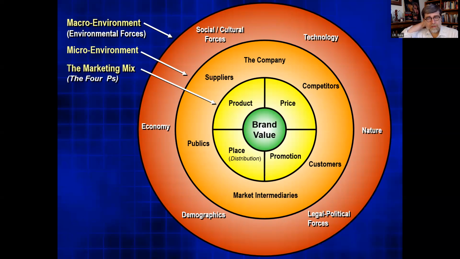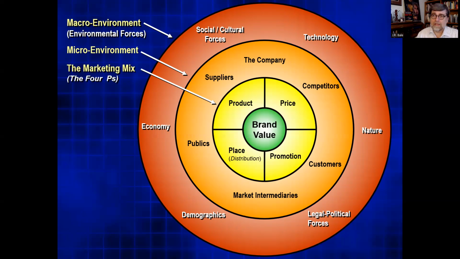Now, the macro environment consists of various macro environmental forces, which we have no control over. I would compare it to, if you're a sailor, the wind. The wind can help you or the wind can hurt you, but you have no control over it. You just have to navigate it.